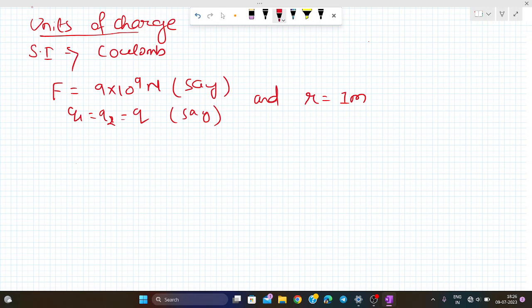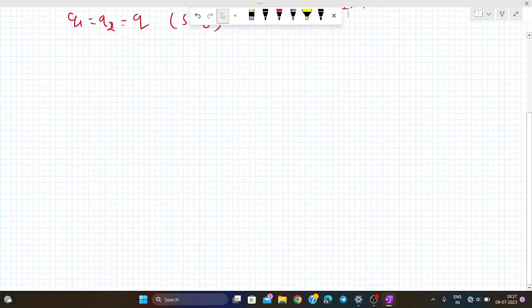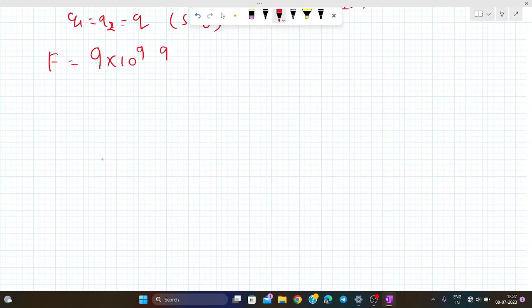And the formula for force is F is equal to 9 into 10 to the power 9 Q1 Q2 divided by R square.